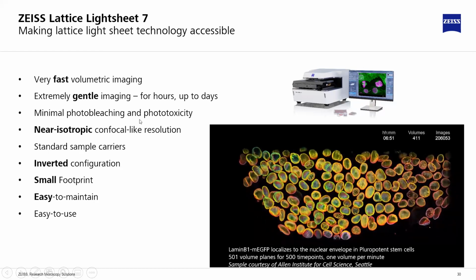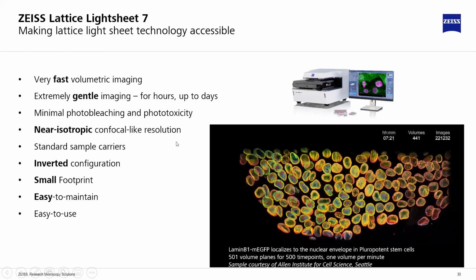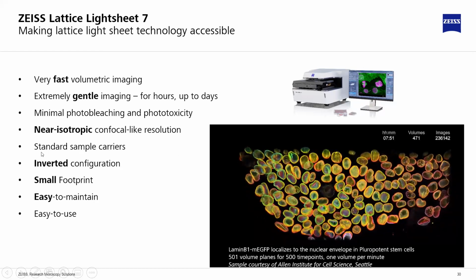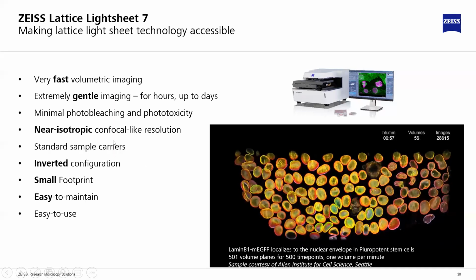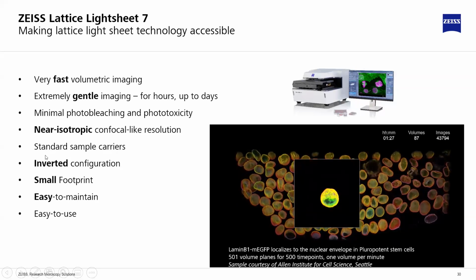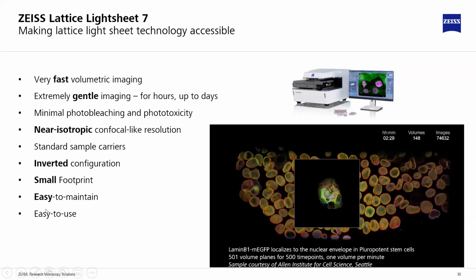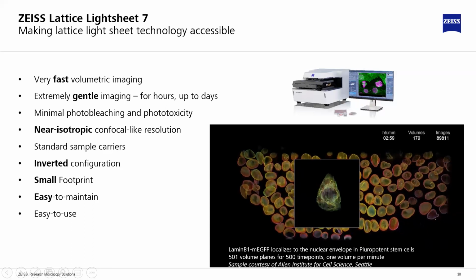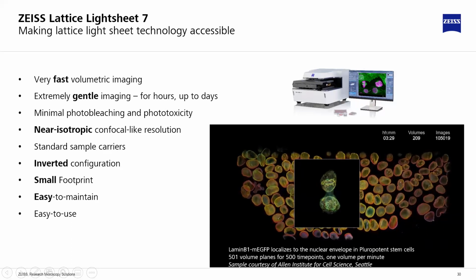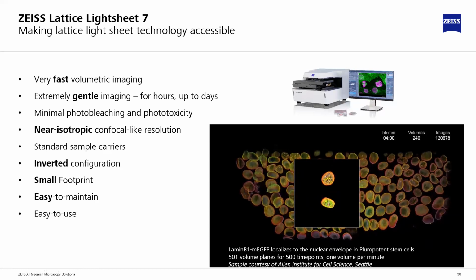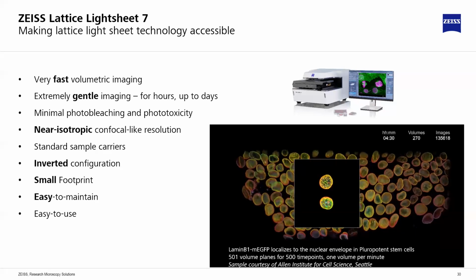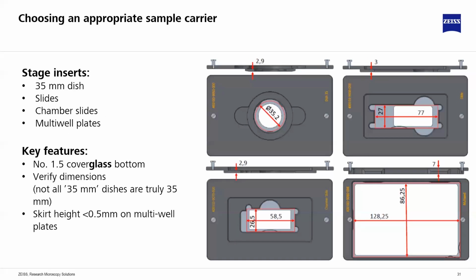And it is very simple in that it is a standard inverted configuration that can accommodate your standard sample carriers. It's a small footprint, it's easy to maintain, and it's easy to use. And I think all of these come together to make it a very powerful system for a core facility like you folks have here at Vanderbilt.